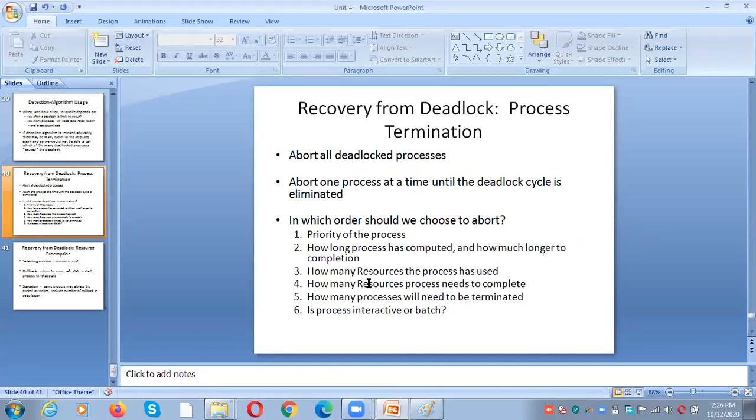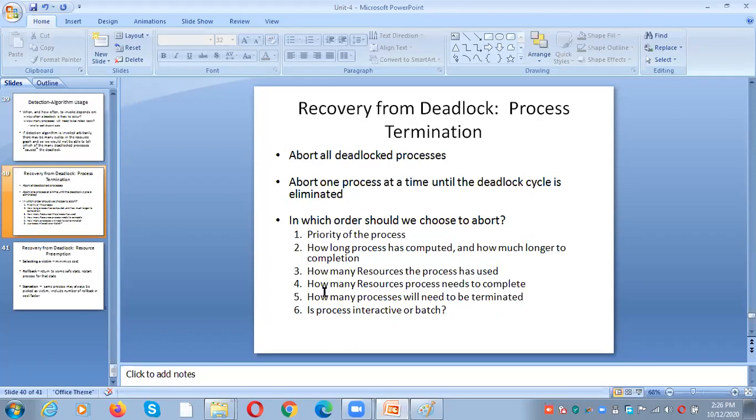And next, how many resources a process has used and how many resources a process needs to complete. For example, how many are used already, how many resources are needed by the process to complete the execution. How many processes will need to be terminated in order to recover from the deadlock. Is the process an interactive process or a batch process. So you need to consider all these situations whenever you want to remove a process from the deadlock cycle.